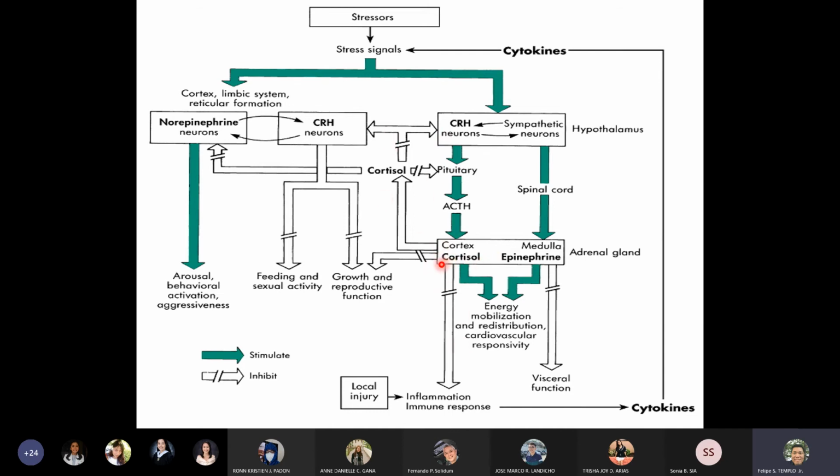As we know, the main function of cortisol is energy mobilization, basically to maintain your blood glucose. But at the same time, prolonged secretion of cortisol can cause problems in your immune system. If you have no transplant and no inflammation itself, it can still suppress your immune system, and that is your cytokines, and that's the stress signal.